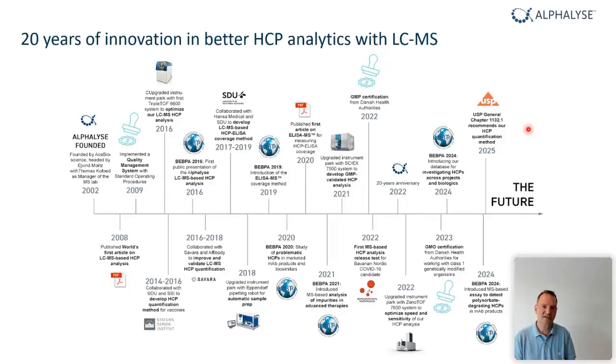The USP also invited us approximately 1.5 years ago to demonstrate these methods experimentally, and Victor has been responsible for this study. So Victor will now share the results from this. Please, Victor, the stage is yours.